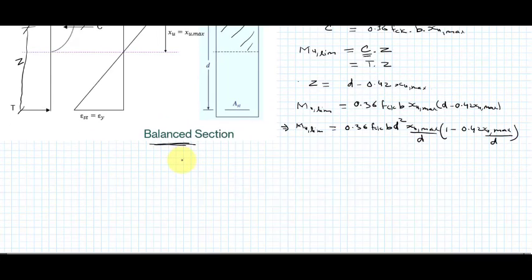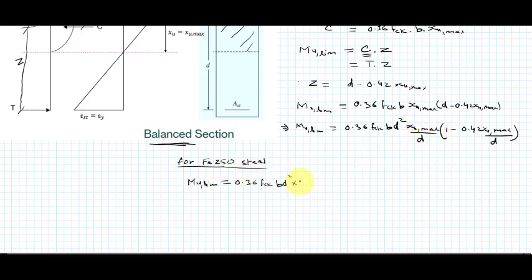As I said, we can compute the moment of resistance for different grades of steel. So first for Fe250 steel, I want to compute what is Mu lim. For Fe250 steel, Mu lim equals 0.36 fck b d square. In case of Fe250 steel, what is xu max by d?